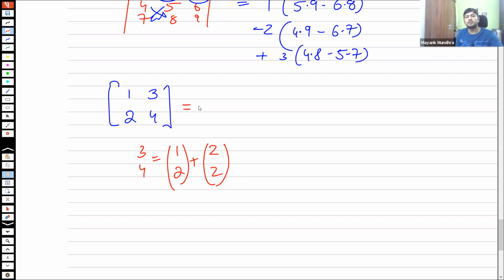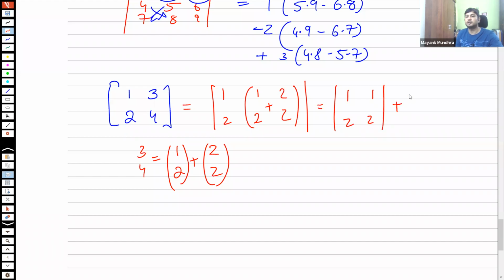So this can be written as the determinant of 1, 2 and 1, 2 plus 2, 2. So I can split this. This becomes the determinant of 1, 2, 1, 2 plus the determinant of 1, 2, 2, 2. So I can split it up easily.